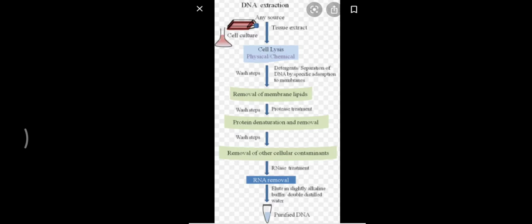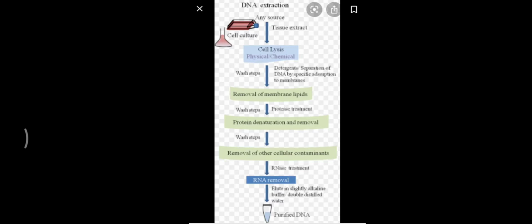It is precipitated out by adding chilled ethanol, and this DNA appears in the form of threads in suspension, and they are separated out by the spooling process. Okay, so this is the way the DNA which is present within the nucleus of the cell is separated out.